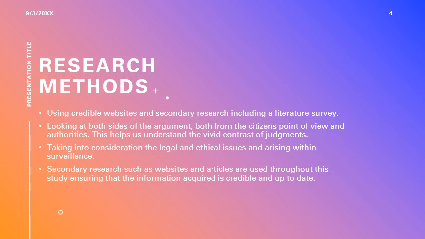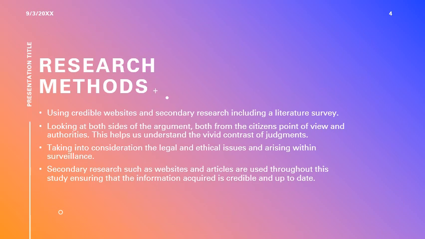I used several research methods. I was ensuring that I was using secondary research, using credible websites, and also included a literature survey. Taking into consideration both legal and ethical issues that are currently arising and have arisen in the past within surveillance.